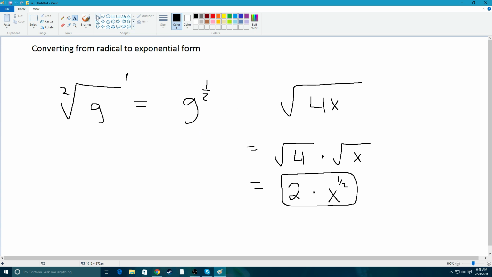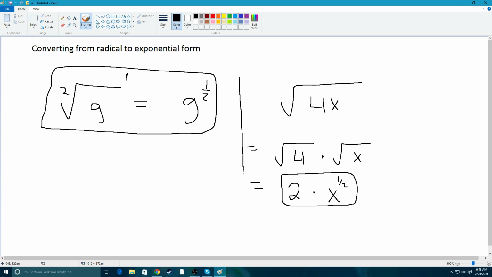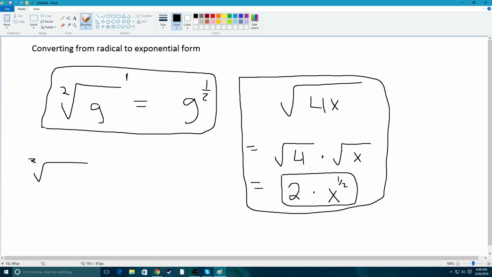If you have a whole bunch of stuff underneath, sorry, this was one example. This over here is another example. But let's say you've got something like the cube root of 10x squared.